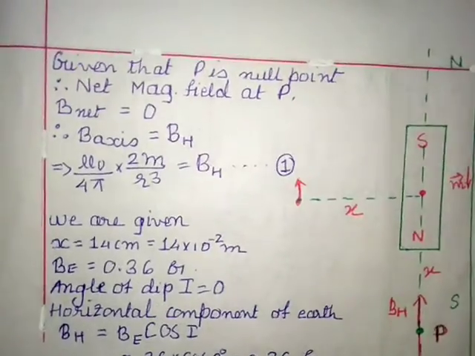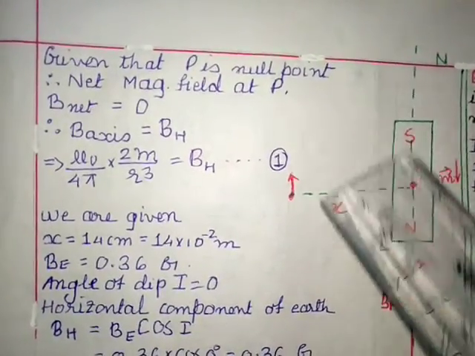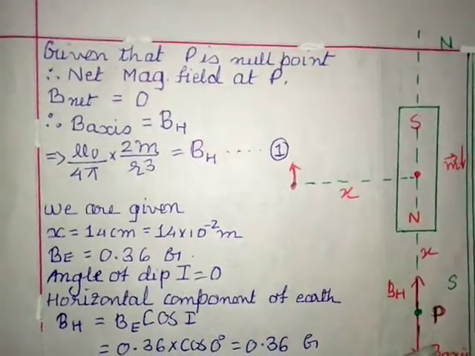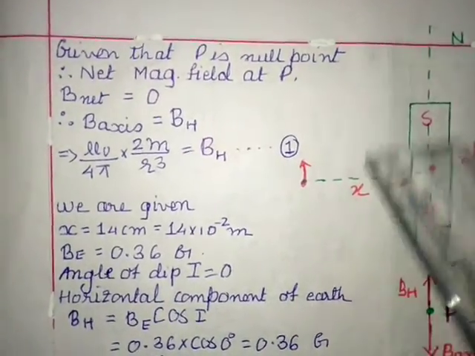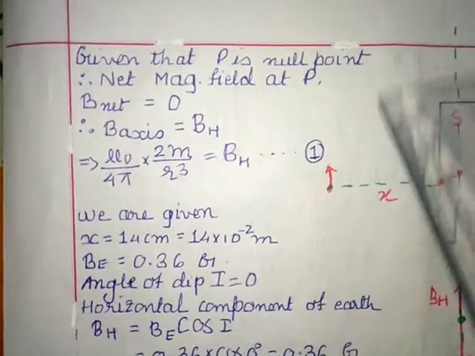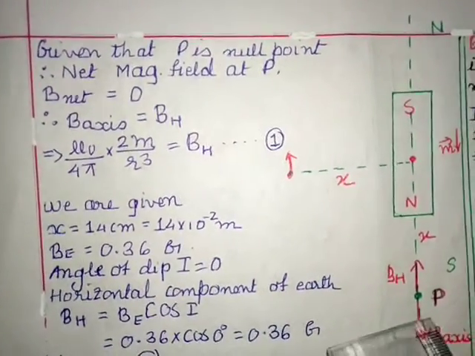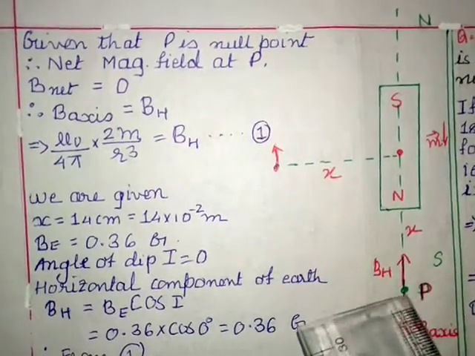This is the magnet, okay, north and south pole, and its axis is aligned with the north and south pole. So this is aligned with the north-south direction. So this is the axis, and at this point P, we are given that this is the null point.